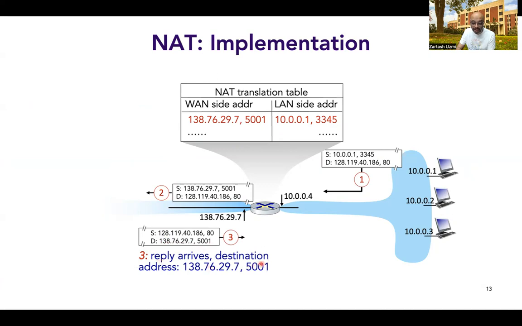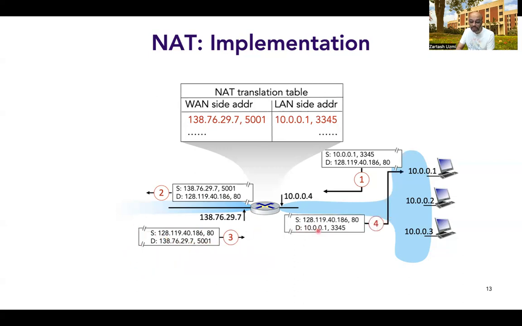When the reply arrives, the NAT device will receive this packet where the destination address is 138.76.29.7, port 5001. It will immediately look this up in the NAT translation table and figure out that this corresponds to a LAN side address of 10.0.0.1 at port 3345. So the packet will get retranslated. The destination address on this packet, number 3, will be rewritten to destination 10.0.0.1 at port 3345.